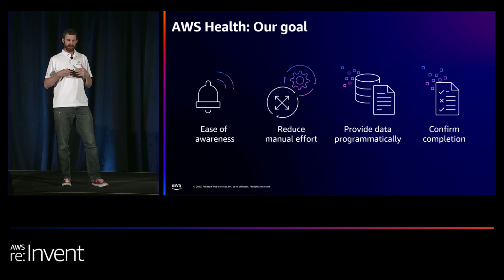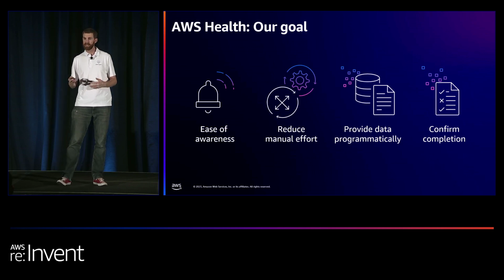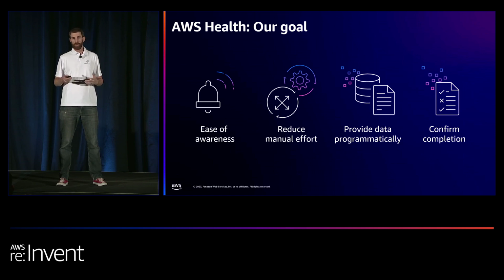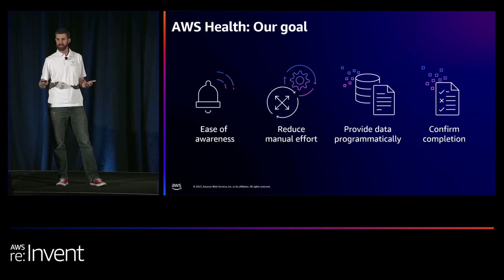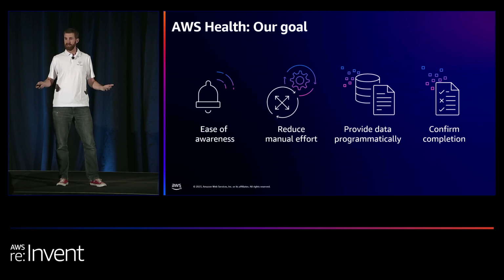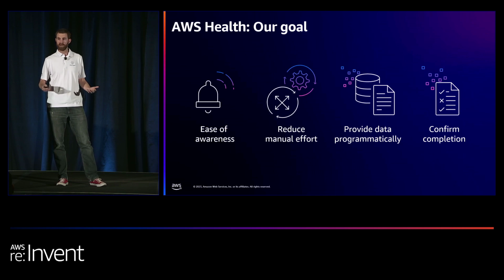So in part, this comes from providing data programmatically, reducing your need to query resources through the console or APIs, or also escalating to your account teams or the service teams for further clarification on these events. And last, to allow you to confirm that you're done, that you've resolved any risks, that you're ready to move on.